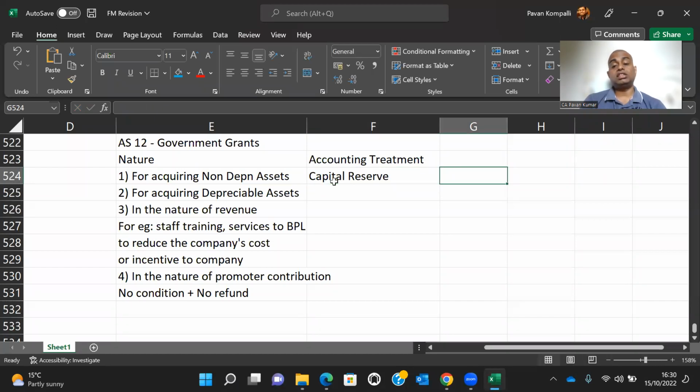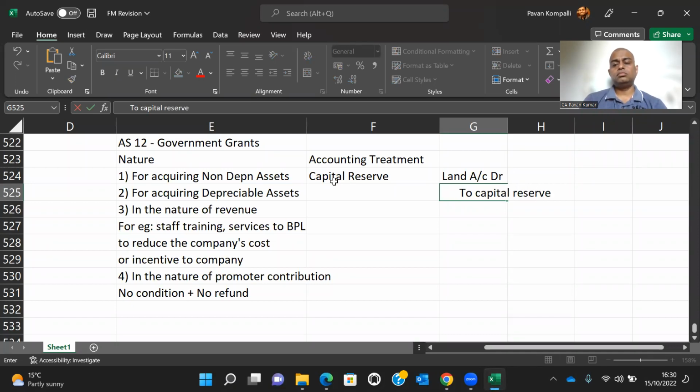Capital reserve. So what is the journal entry? Land account debit to capital reserve. That's all. Non-depreciable asset came, land account debit to capital reserve.